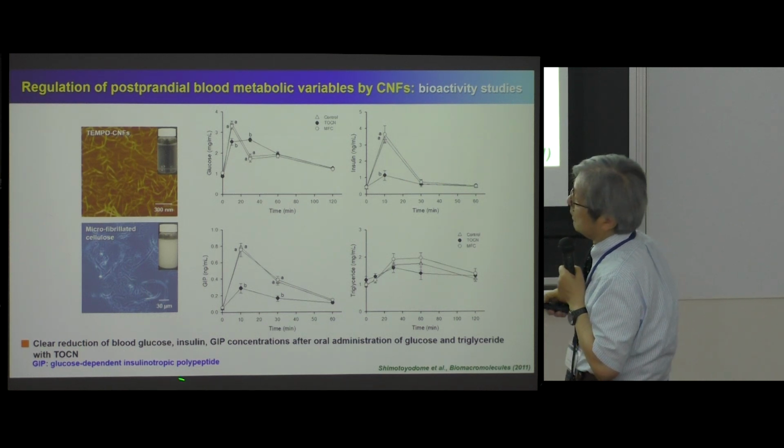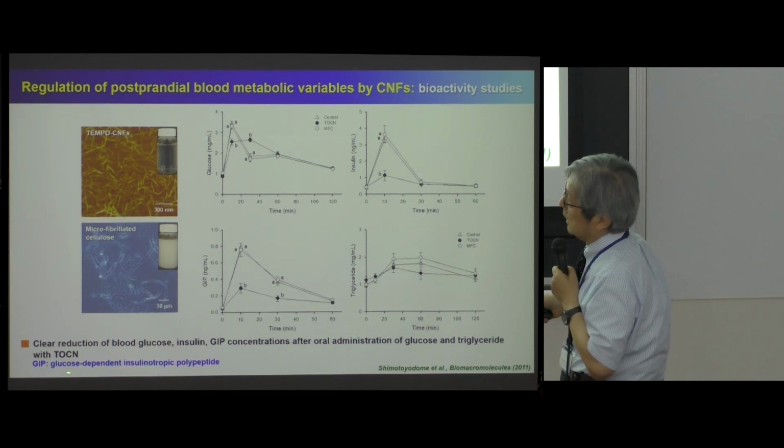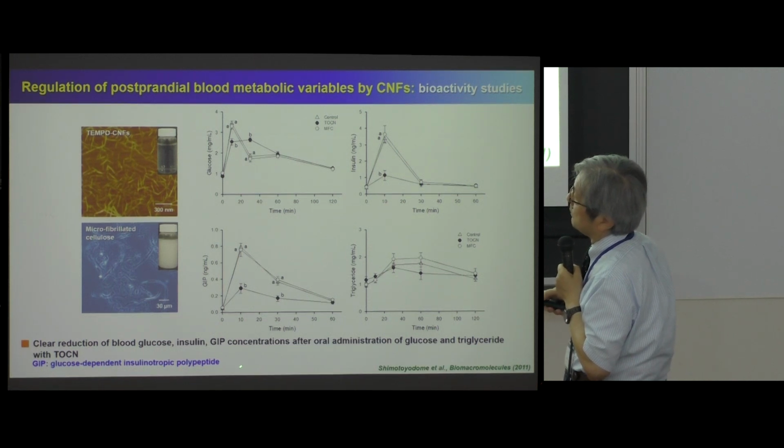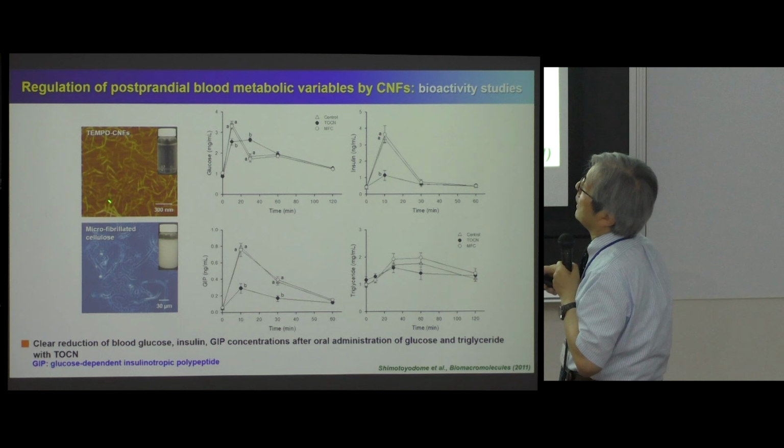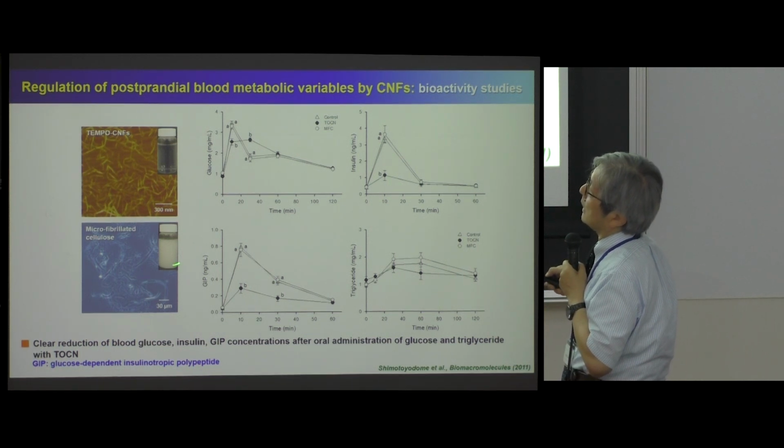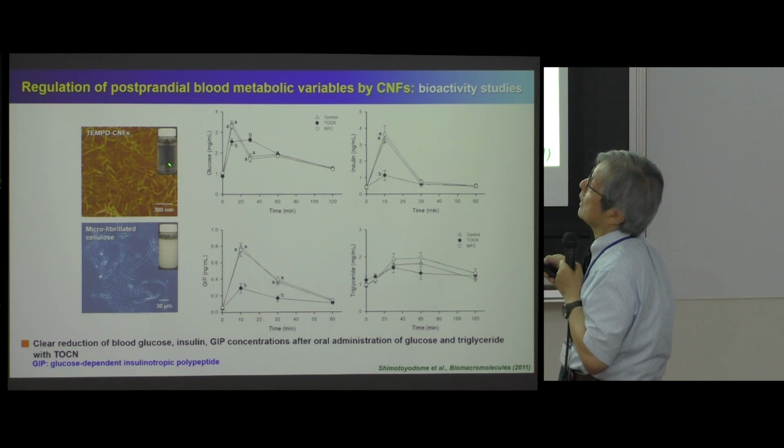And GIP, maybe you know very well, glucose-dependent insulinotropic polypeptide, also decreases. But insufficient nanofibrillation does not have such an effect. Complete nanofibrillation is a very important point.